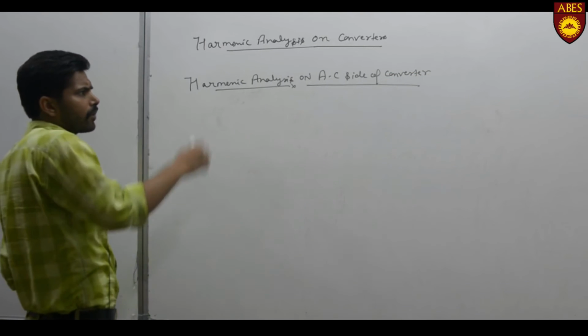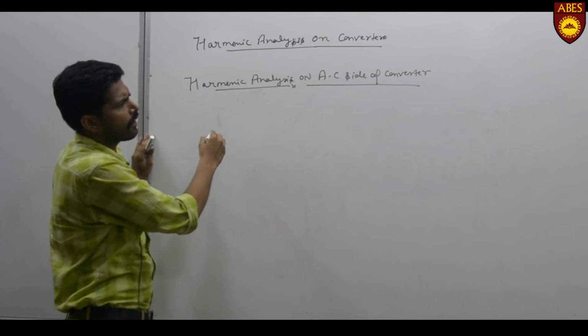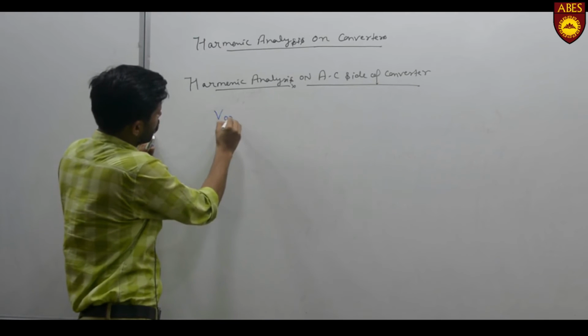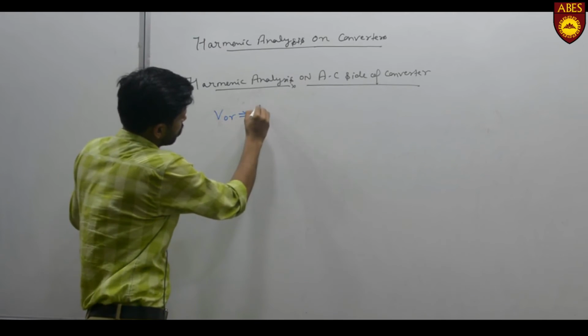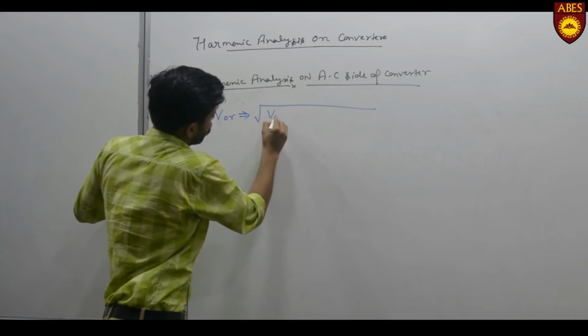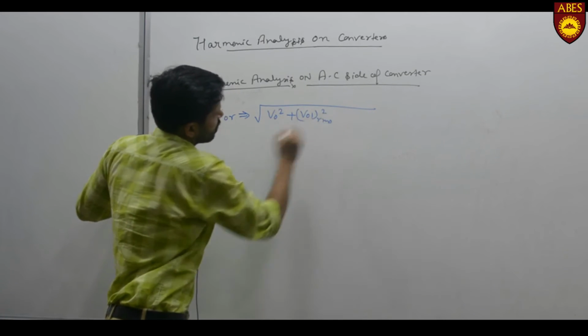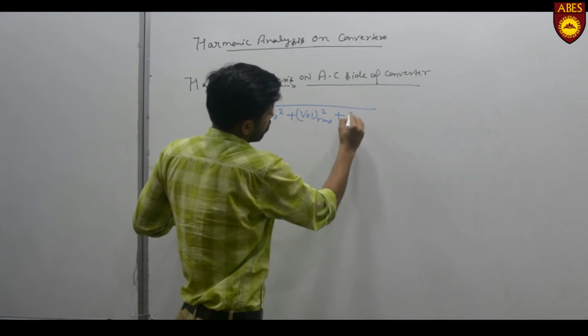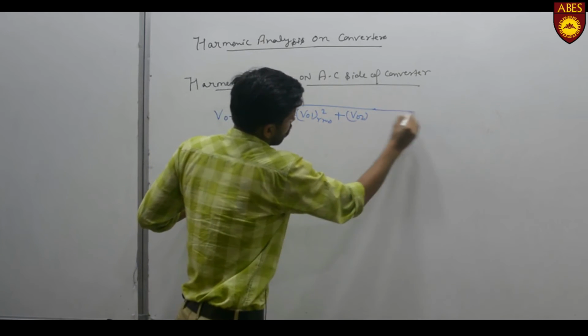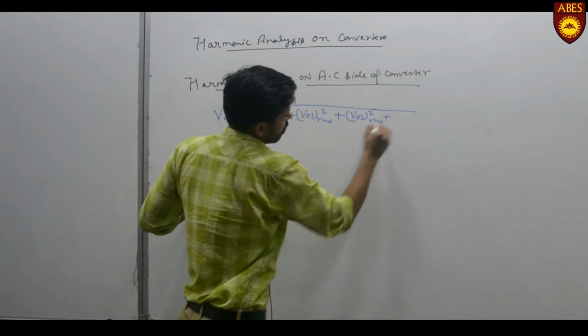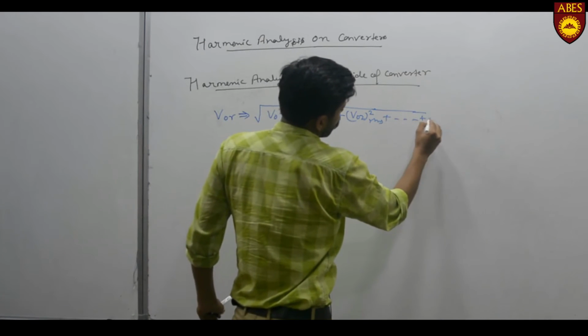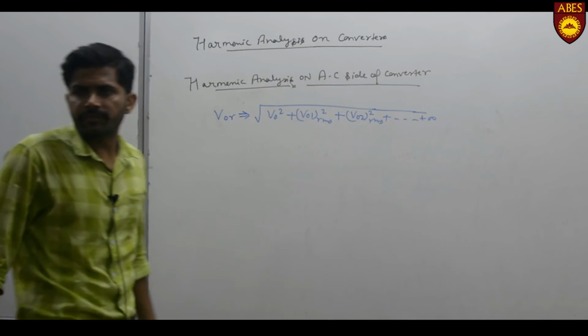If we consider the previous RMS value of the waveform, VOR is equal to the square root of V0 square plus the RMS value of the fundamental harmonic component, similarly the RMS value of the second harmonic component, up to the nth harmonic.